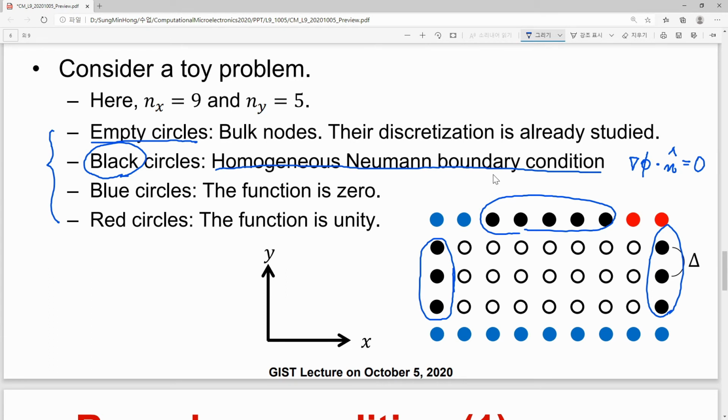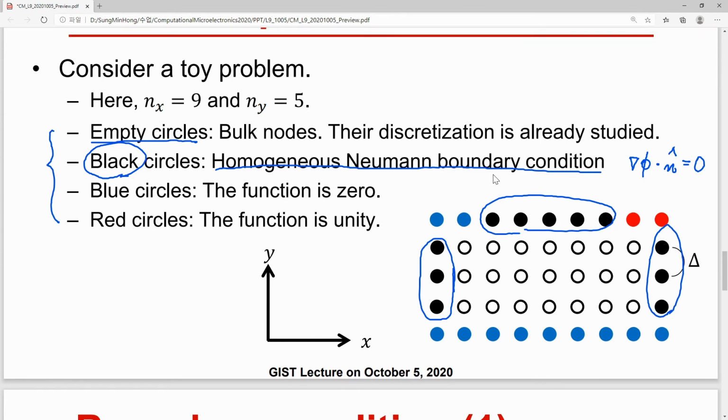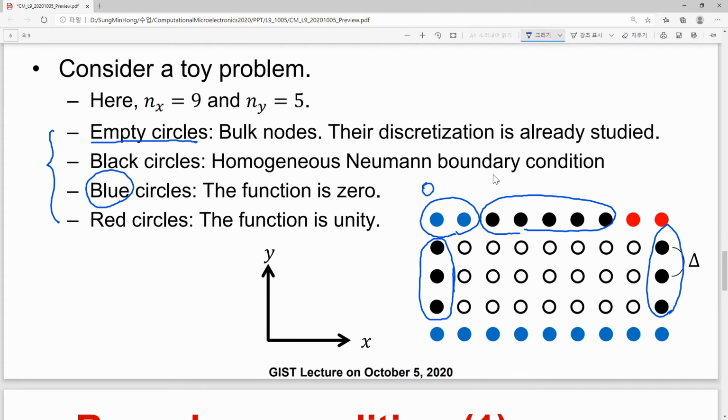This is typically used in our semiconductor device simulation, and it is quite frequently found in real examples. And for the blue circles, in this case we have applied just 0 for them.